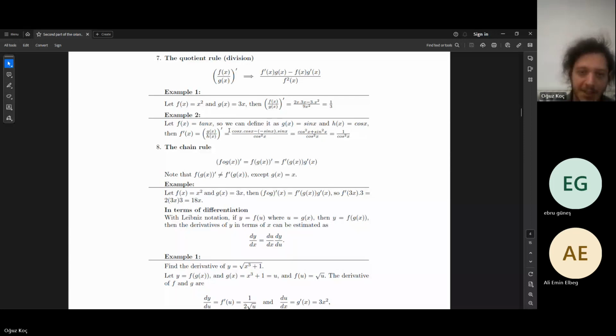It is divided by h of x to the second power, and it is equal to the second power of cos x plus the second power of sin x, divided by the second power of cos x.